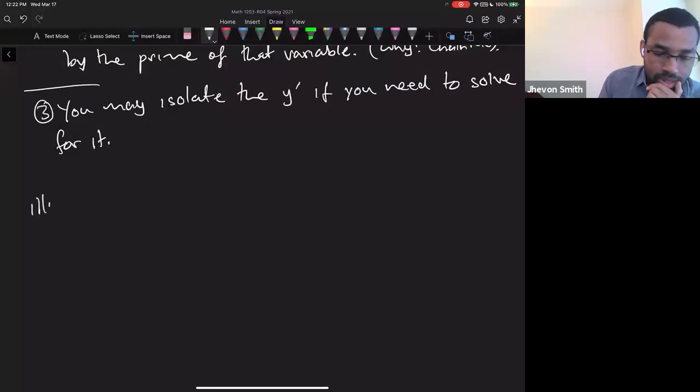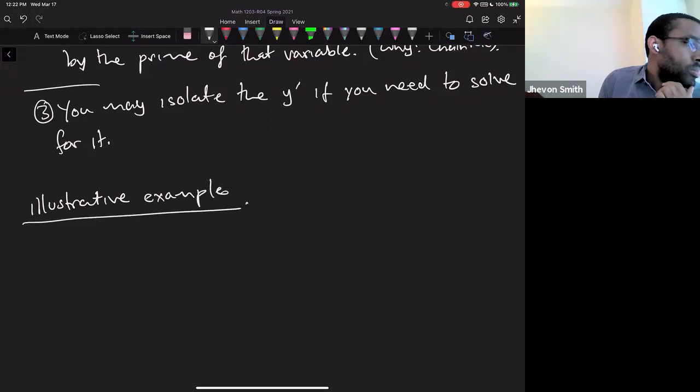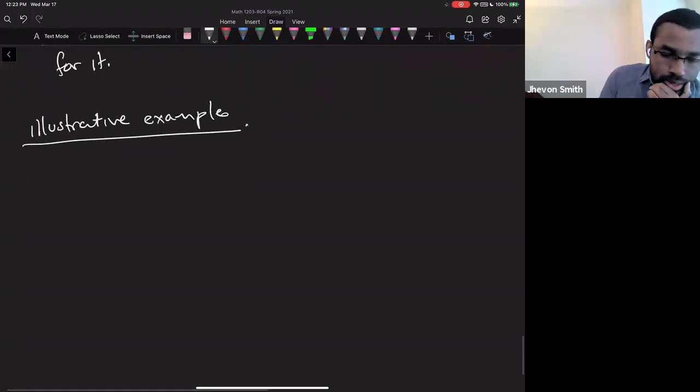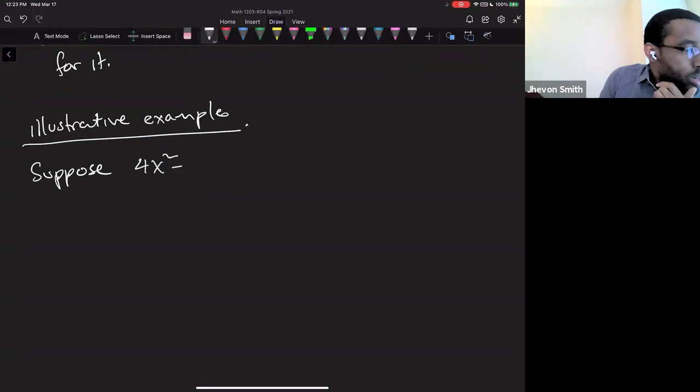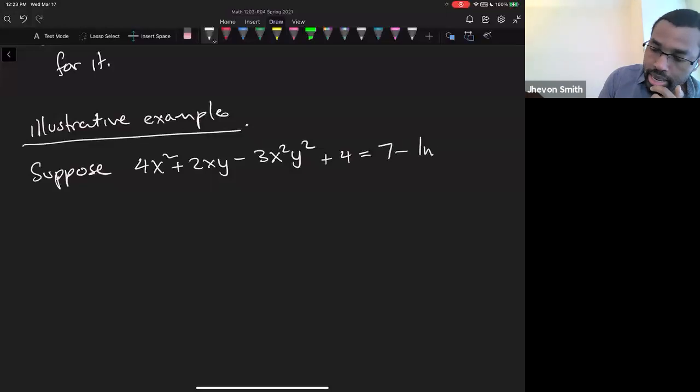Here's an illustrative example. Suppose we have 4x squared plus 2xy minus 3x squared y squared plus 4 equals 7 minus ln x.